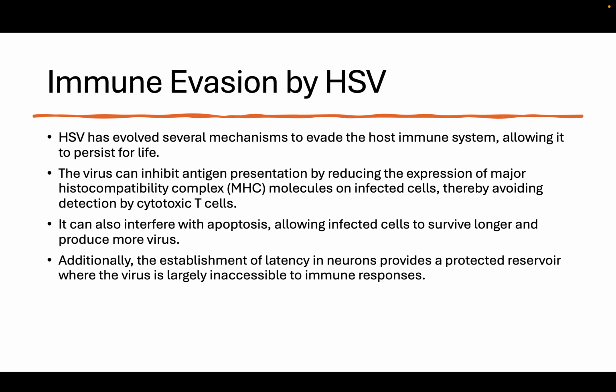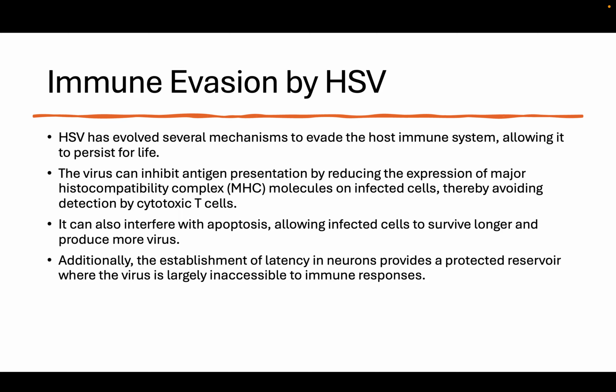The HSV is extremely good at evading your immune system. It's able to snatch away the MHC1 molecules, so you prevent your cytotoxic T cells from killing them, and it can also stop certain cells from dying, so they keep them alive so they can keep producing more and more viruses.